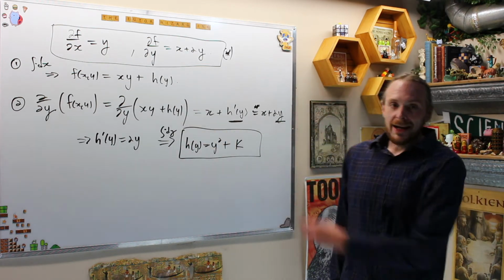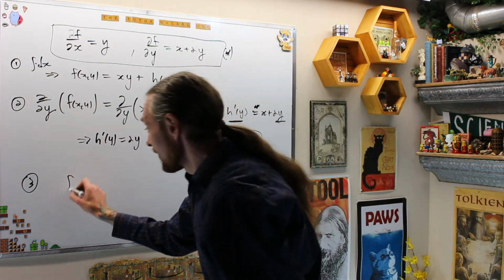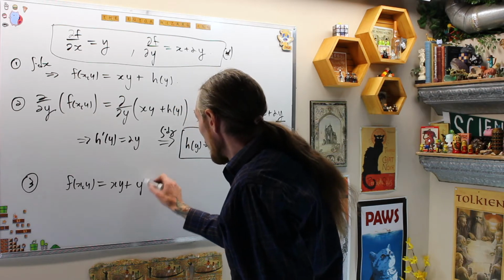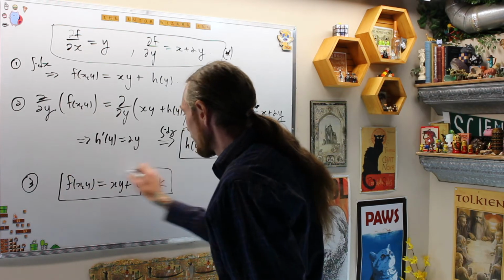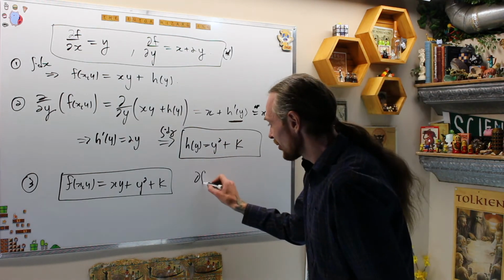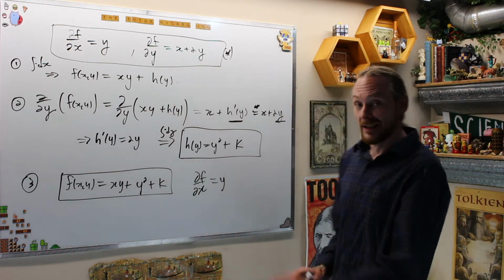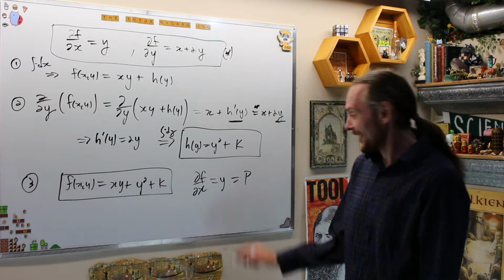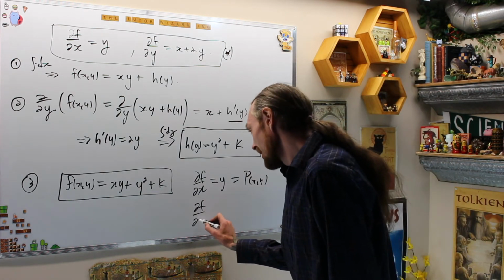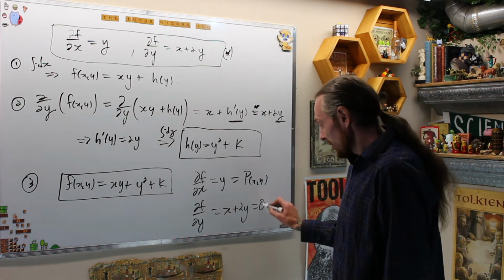This is h of y, and then what's my third step? I now know what my function entirely is. F of xy is equal to xy plus y squared plus k. The best part about these ones is, on an exam, you have an immediate check. The partial derivative of f with respect to x is y, which was p of xy, and the partial derivative of f with respect to y is x plus 2y, which was q of xy.